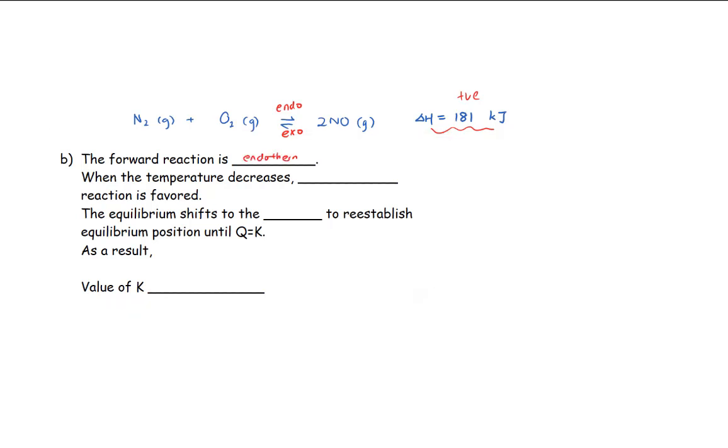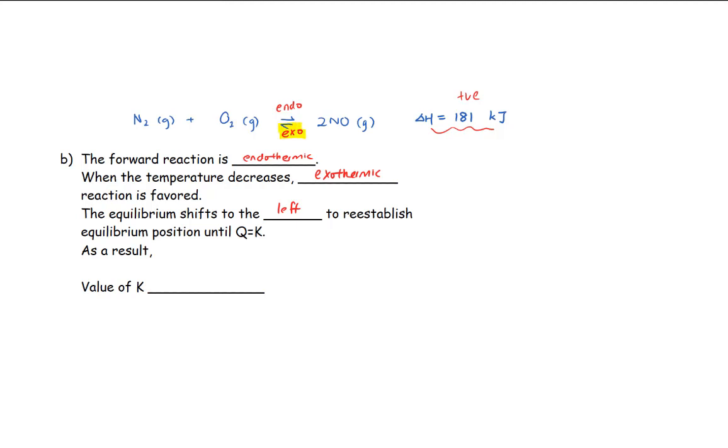So when the temperature decreases, the exothermic reaction is favored. Therefore, the equilibrium will shift towards the left-hand side. Follow the directions that you have indicated just now: exothermic refers to the left direction.